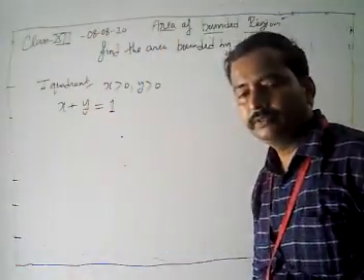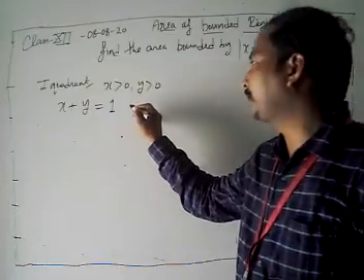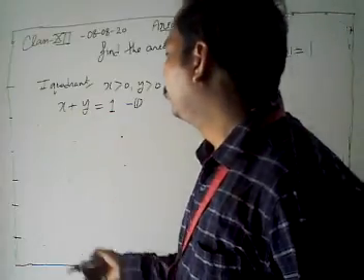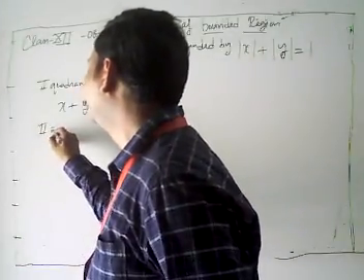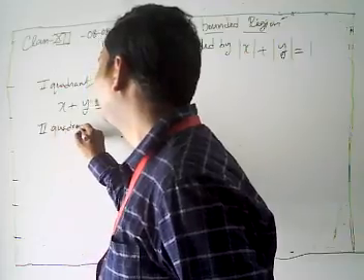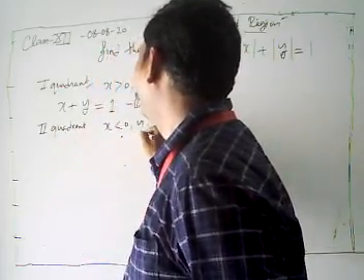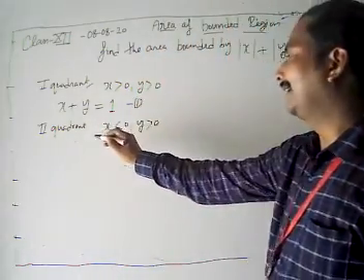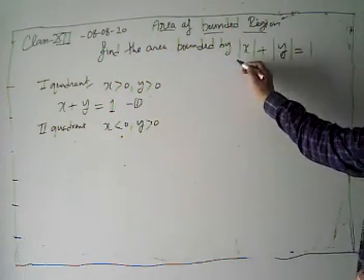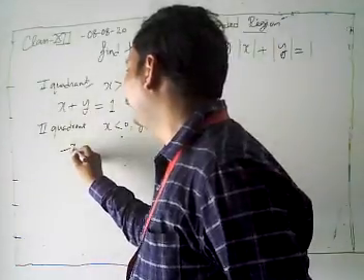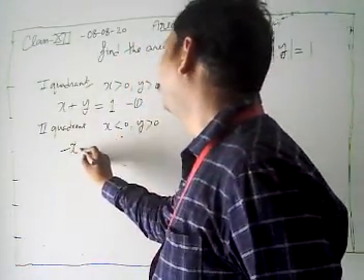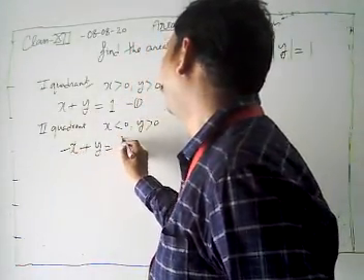In the second quadrant, our x is negative and y is positive, so mod x is minus x and mod y is y, giving minus x plus y equal to 1.